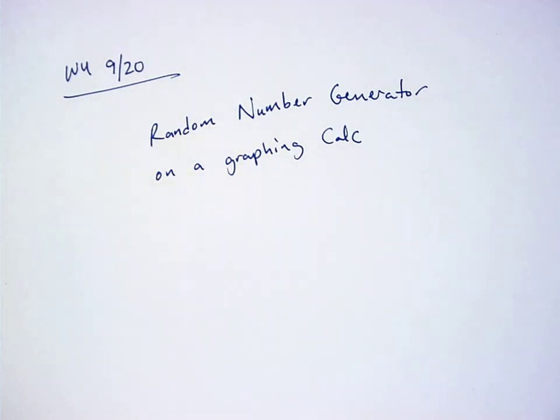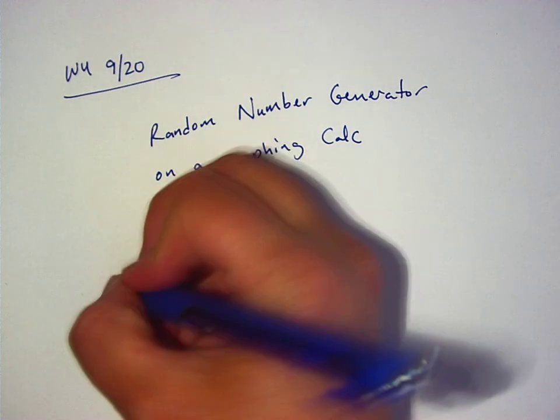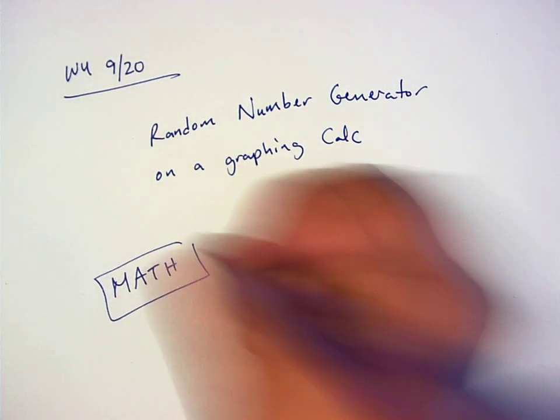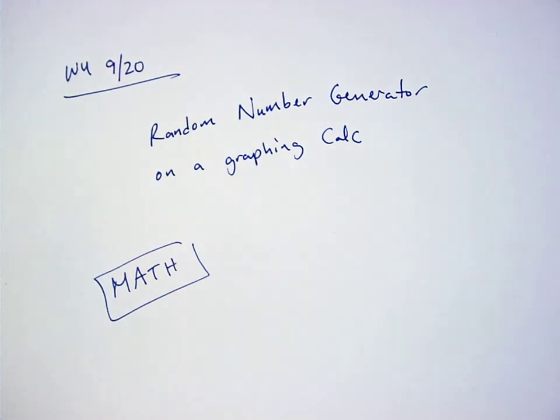So the first thing you're going to hit is the math button, which is below the alpha key. So what you need to do is you need to be writing this right now, but also doing it on your calculator. So make sure you hit the math button on your calculator.